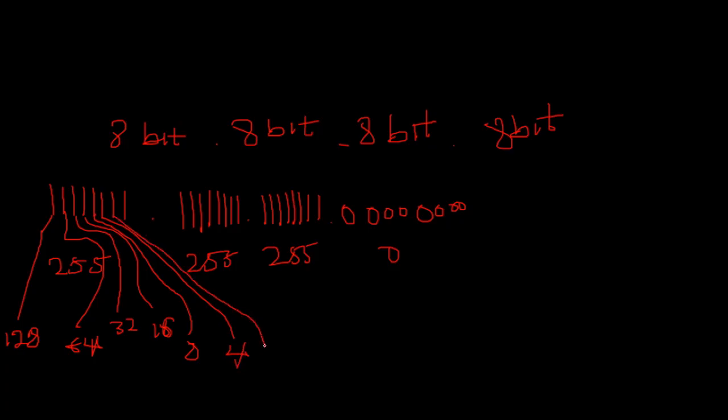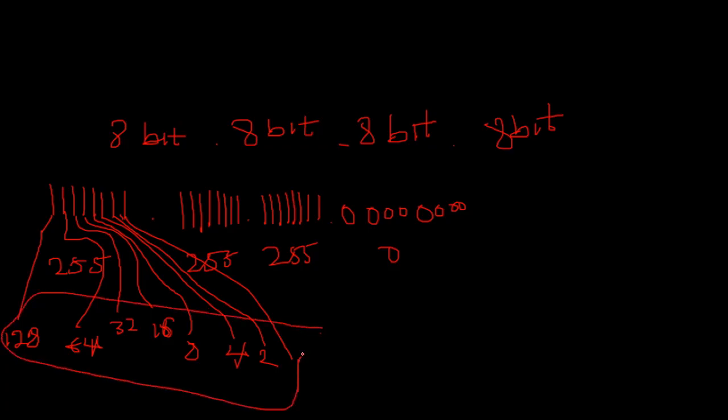This one is 2. This one is 1. So how we got this 255 is from adding all these numbers here. When you add all these numbers, you have 255. That's the same way we got this one, and the same way we got this one. So the counting is from 0 to 255.